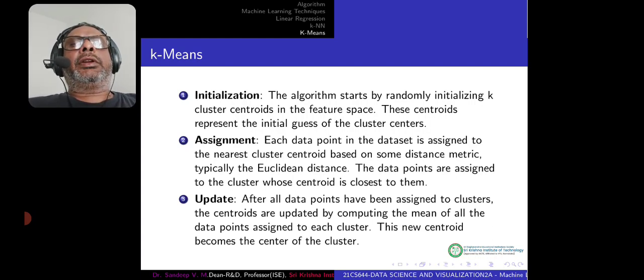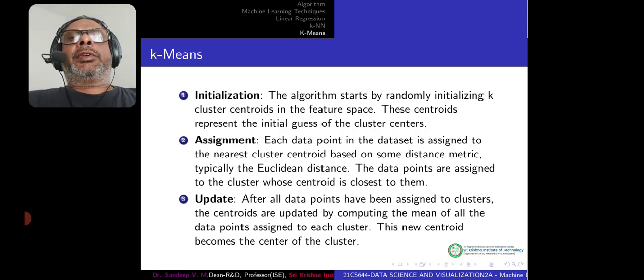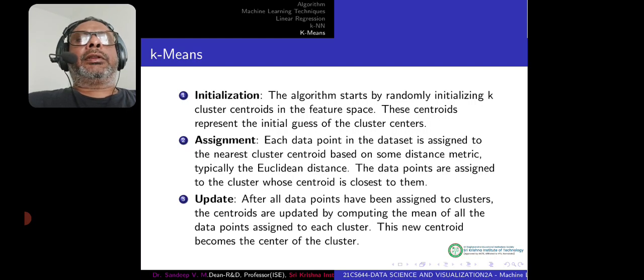Usually Euclidean distance is used, or it can be Manhattan depending on the situation. There are many other distance metrics, and depending on different requirements, different metrics are recommended. So here it can be a simple Euclidean distance. These data points are assigned to the cluster whose centroid is closest to them.